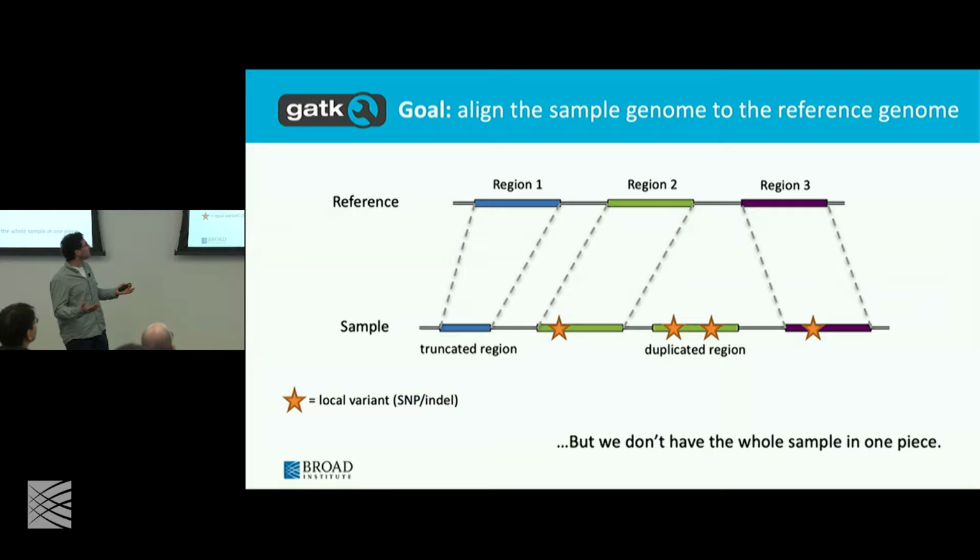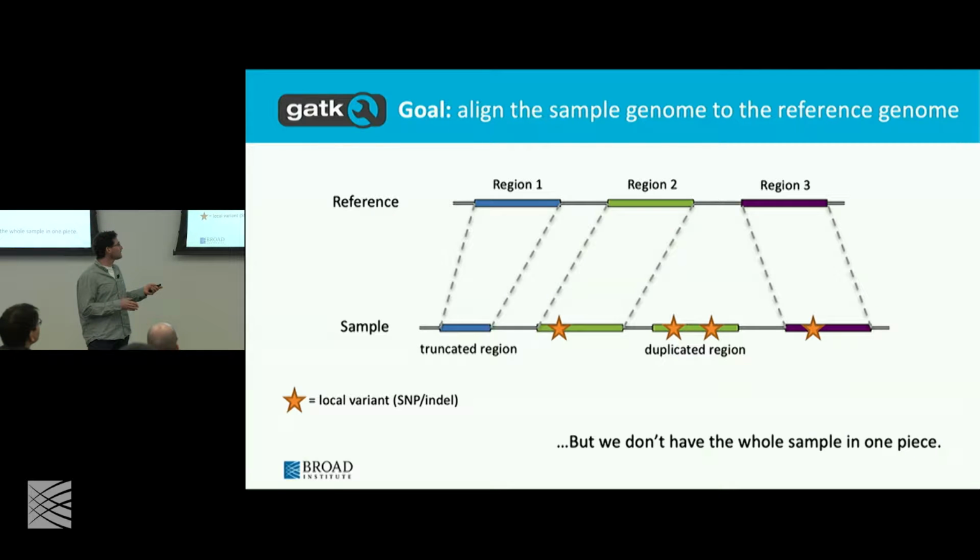So as a caricature, here is what we are looking for. So we have a reference that has several regions. Our sample is different from the reference, right? It could have local differences, like these stars are just maybe SNVs or indels, or it could have large differences.